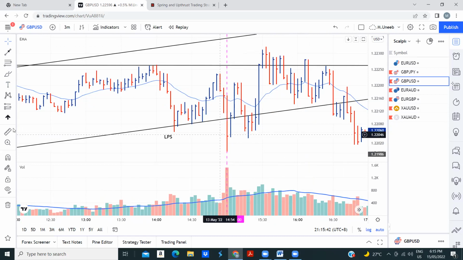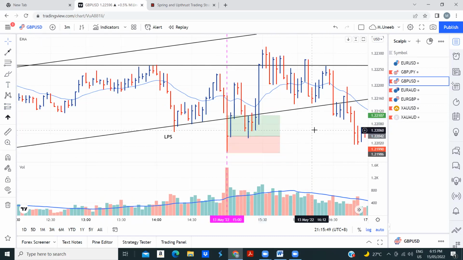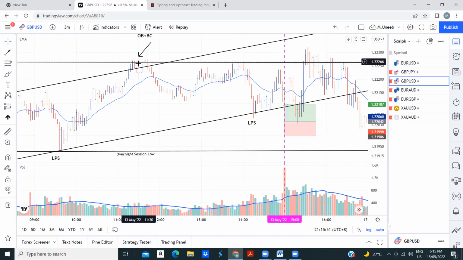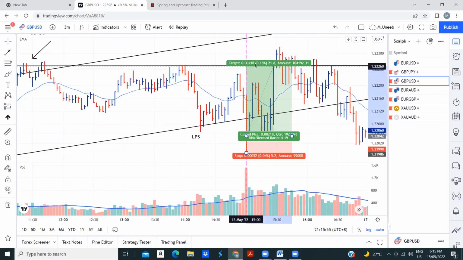Now, what you can do, you can take a trade. Put your stop loss right over here. And where OB and BC was observed over here, we can just straight away put a target right here.